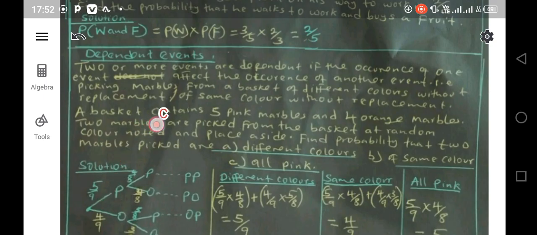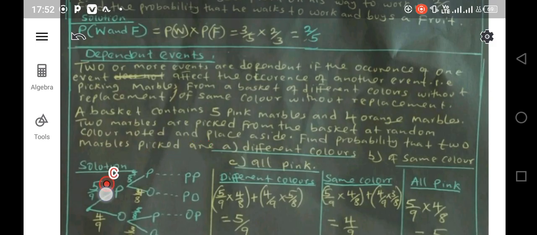Now let's see this question. A basket contains 5 marbles which are pink and 4 orange marbles. So what is the sample space of 5 and 4? We're going to say 5 plus 4. The sample space in that particular event is 9. Now, what is the probability?